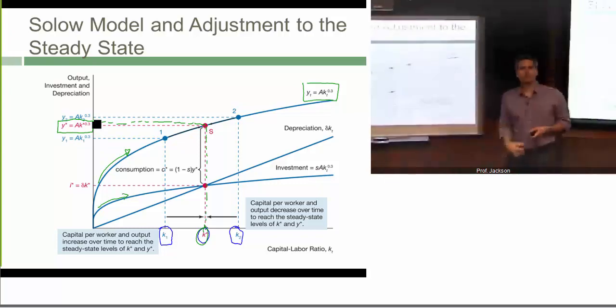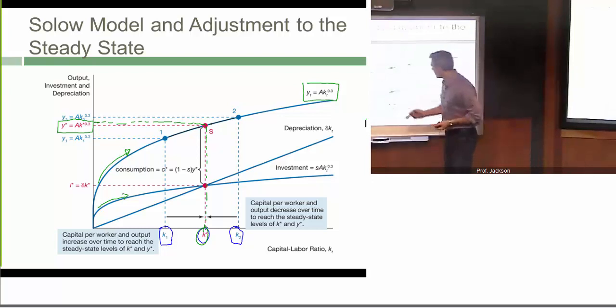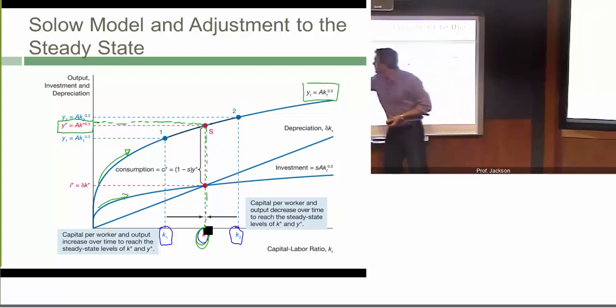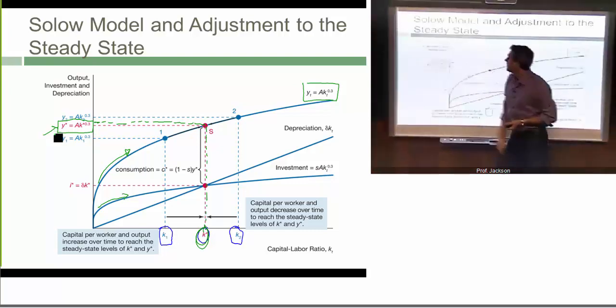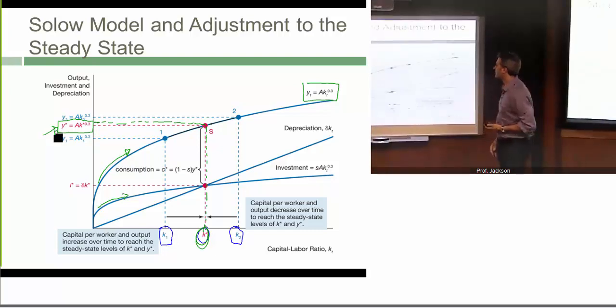Again, this is output per worker or per capita. So that output that we're drawing there is essentially our proxy for our standard of living. And so what this tells us then is that at this steady state level of capital, our steady state level of output per worker or standard of living is just equal to Y star.